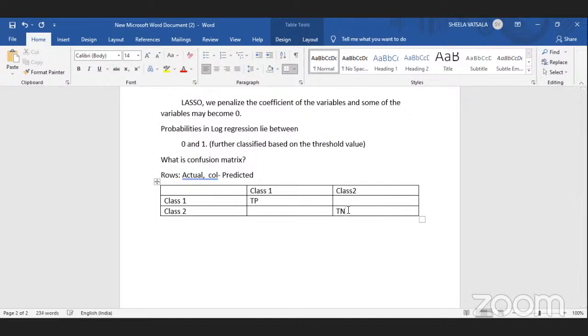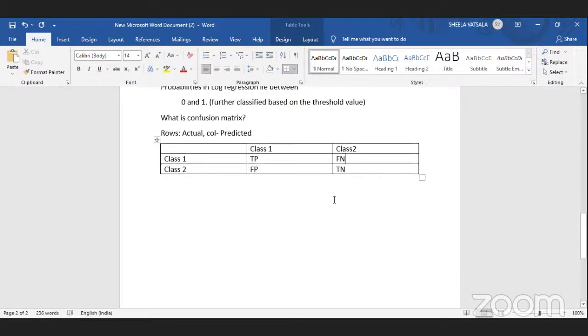We have to remember this is called confusion matrix. By the name it is confusing, but once you get the concept, it gets very easy to understand and formulate results. False positive, false negative.